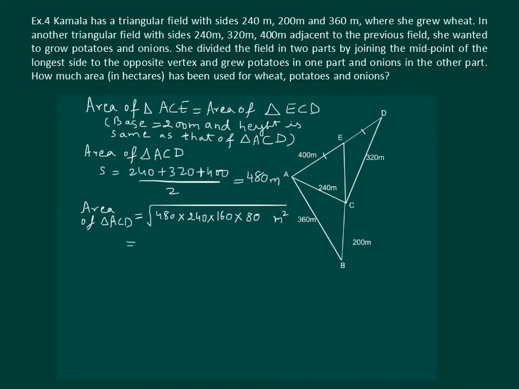So let us solve this further. This comes out to be 38,400 meters square. Let us convert this area to hectares. So for conversion we have whole divided by 10,000. This is equal to 3.84 hectares.